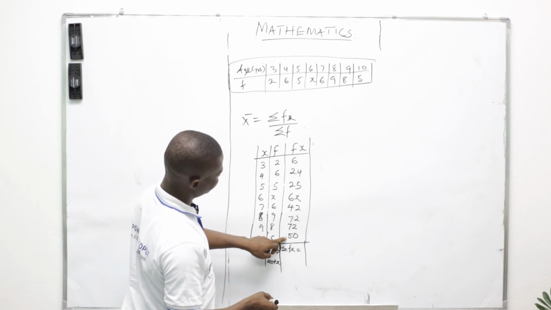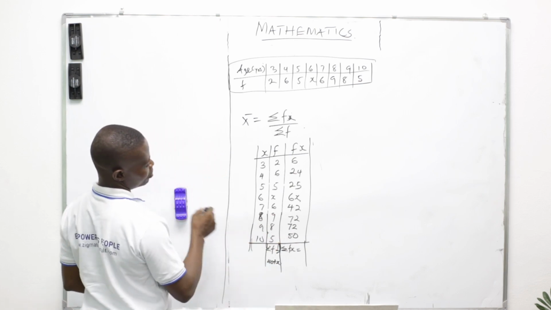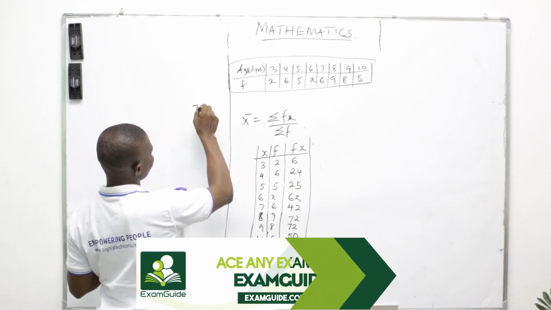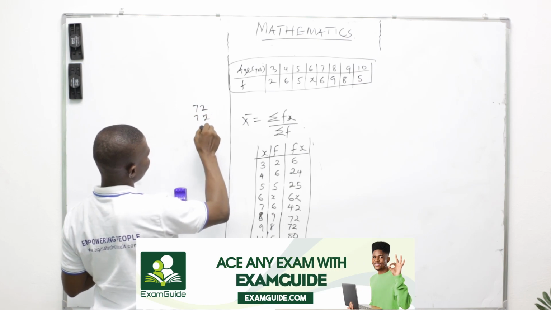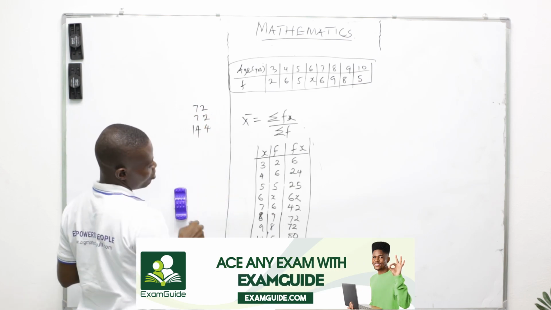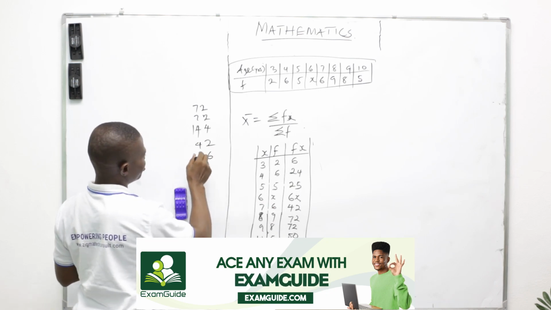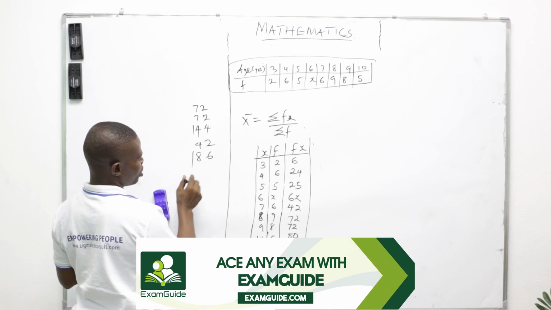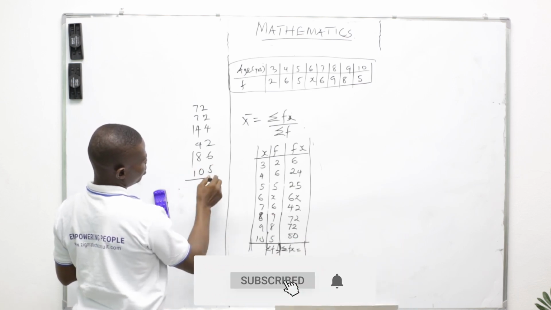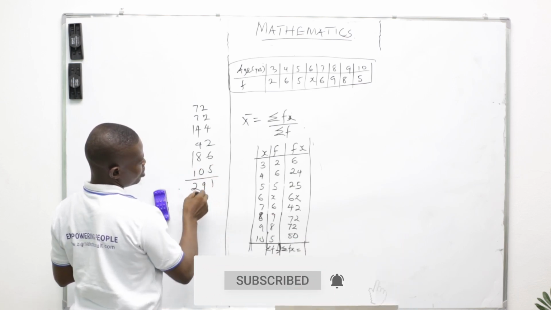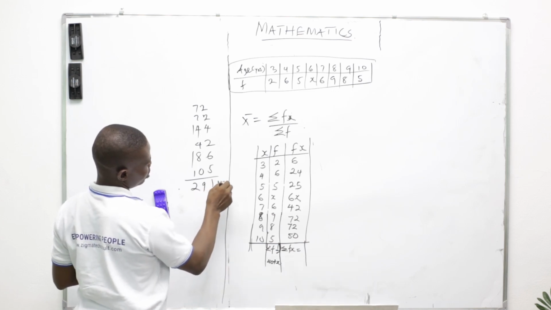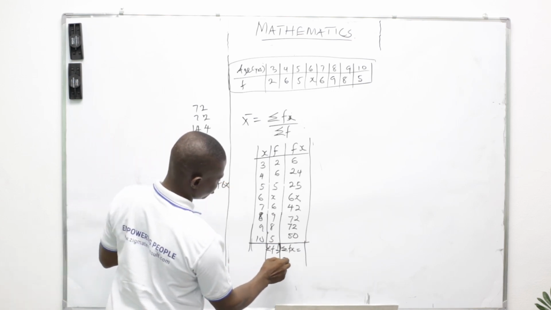Plus 50, that's 105. 72, 72 is 144 plus 42. This is 186. 186 plus 105 is 291, then plus 6x.